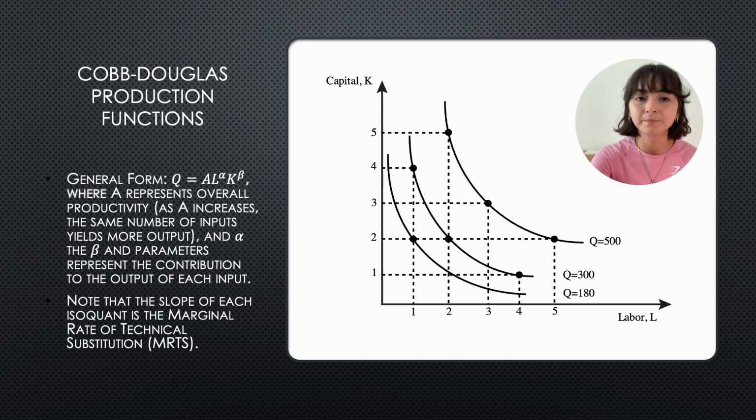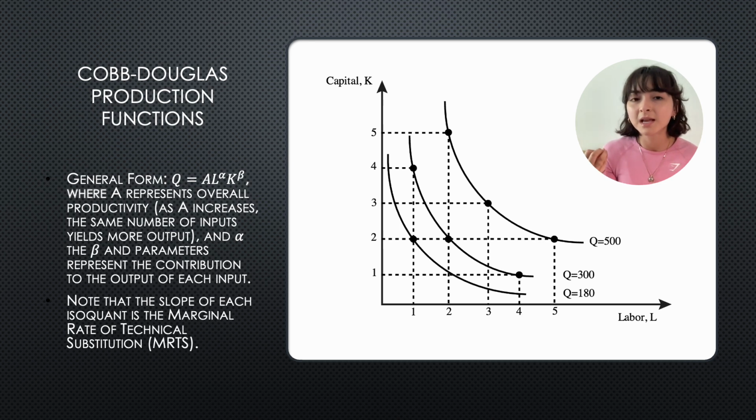Additionally, MRTS tells you how many units of capital you would need to add, which is the rise of the curve, if the labor decreases by 1 unit, which is the run of the curve, to maintain the same level of output, or in other words, to stay on the same isoquant curve.